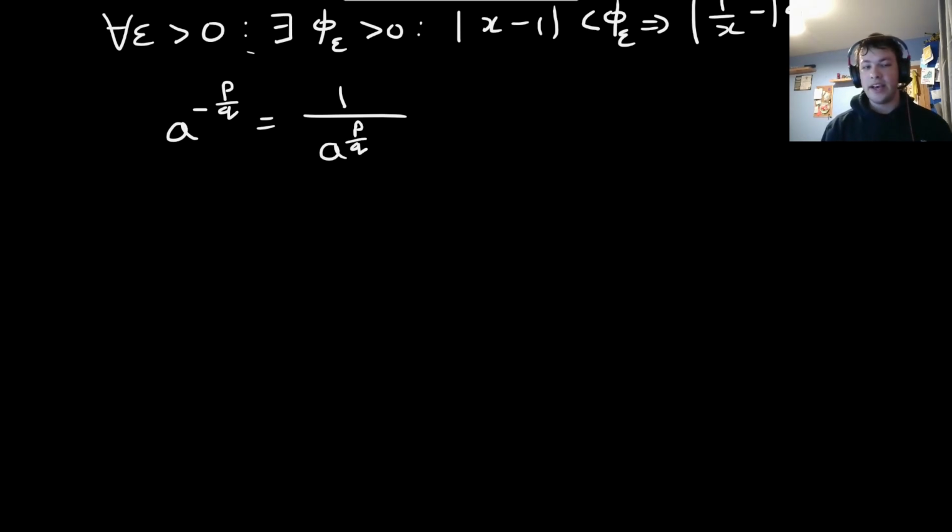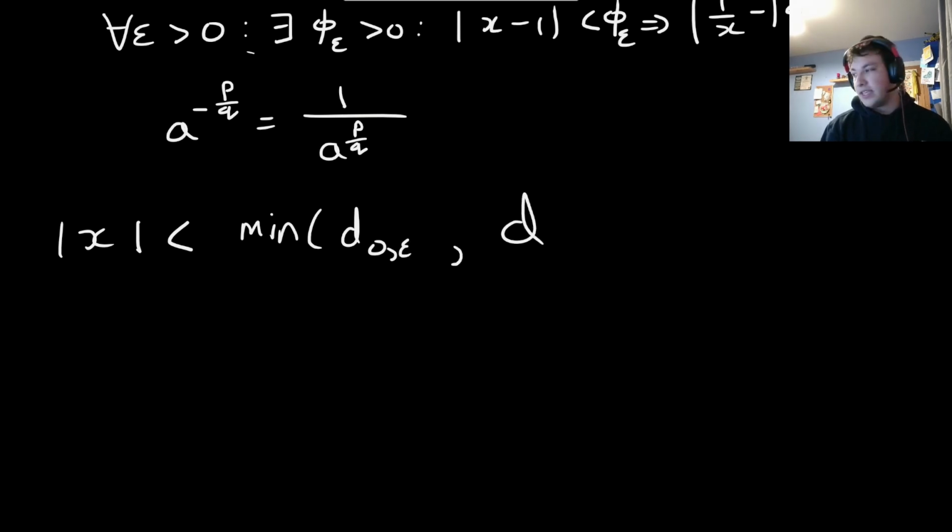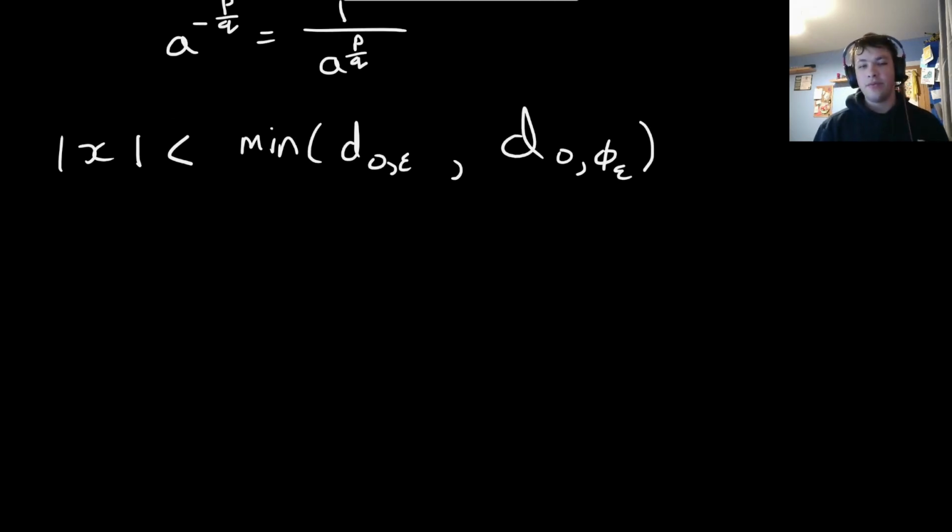So we say if mod of x is less than the minimum of d0 epsilon and d0 phi epsilon, like this, then we're going to end up with two cases.